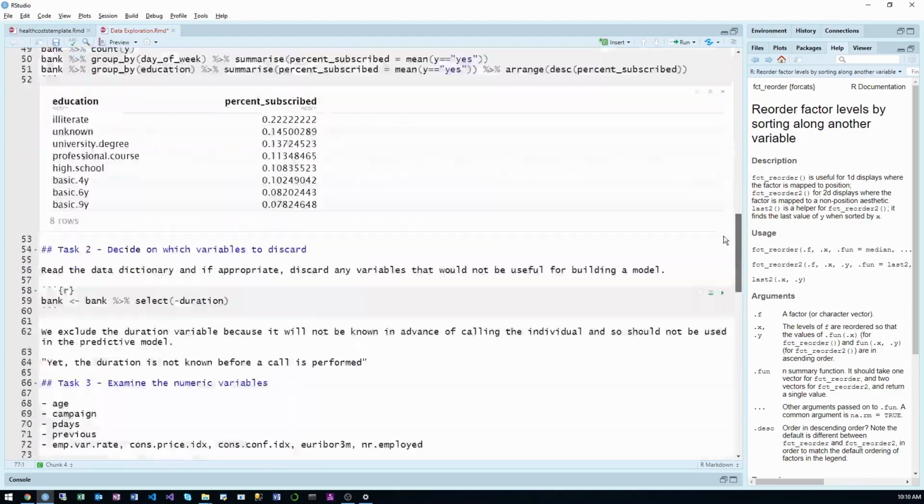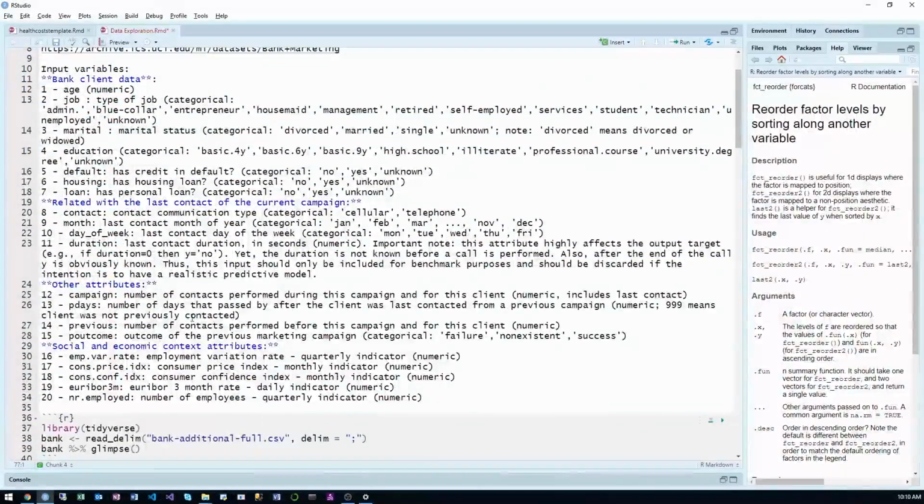If you look at the data dictionary, you can understand why. Employee variation rate is the employment variation rate quarterly indicator. So it's only updated every quarter, every 3 months.